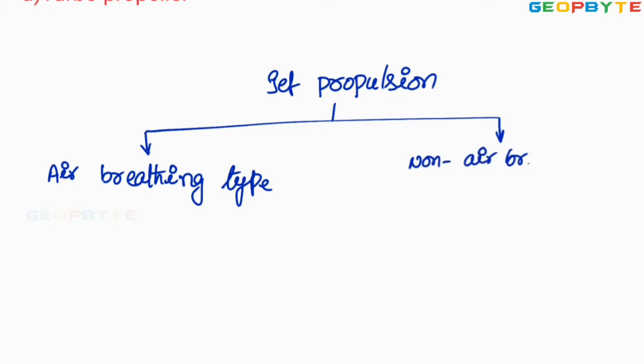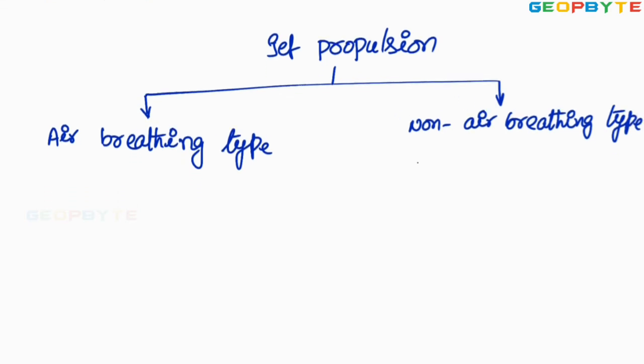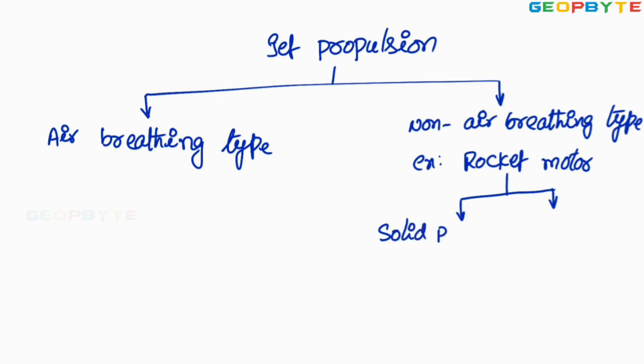Non-air breathing type best example is rocket motor. Again, the rocket motor may be either solid propellant type or liquid propellant type.